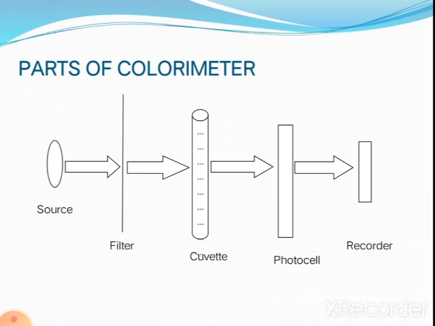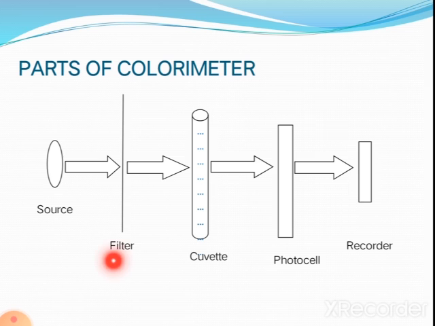So this is a simple representation of the colorimeter. The source of light, as I told you, is usually a bulb lit by a tungsten filament. The second important component is the filter.